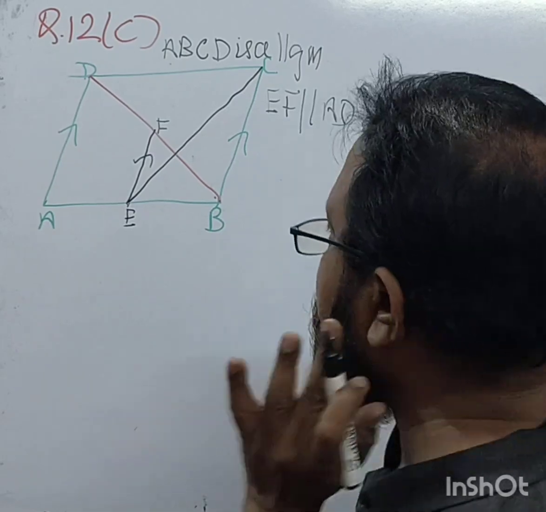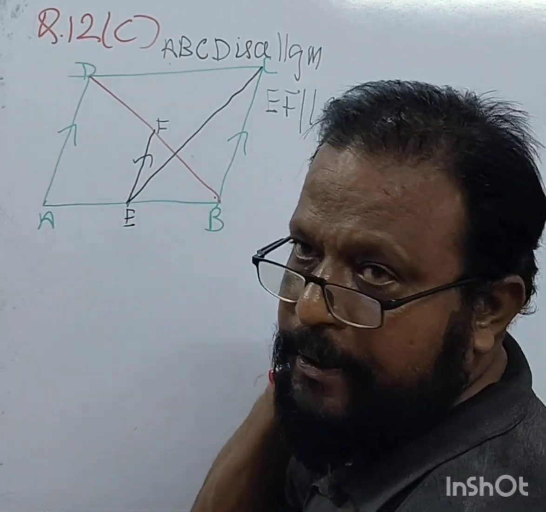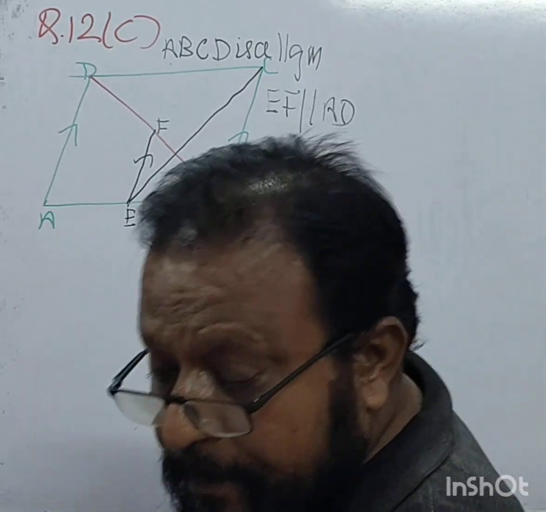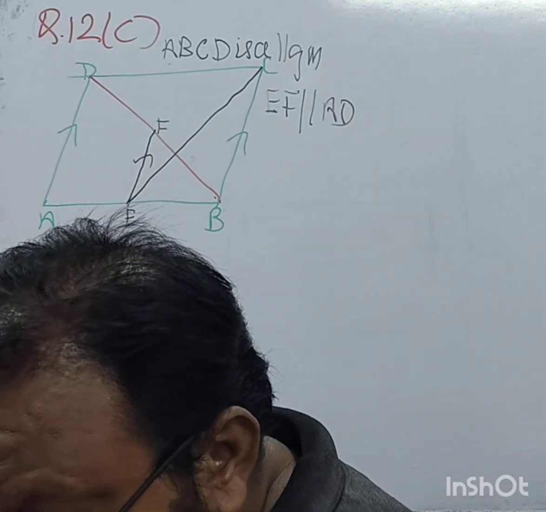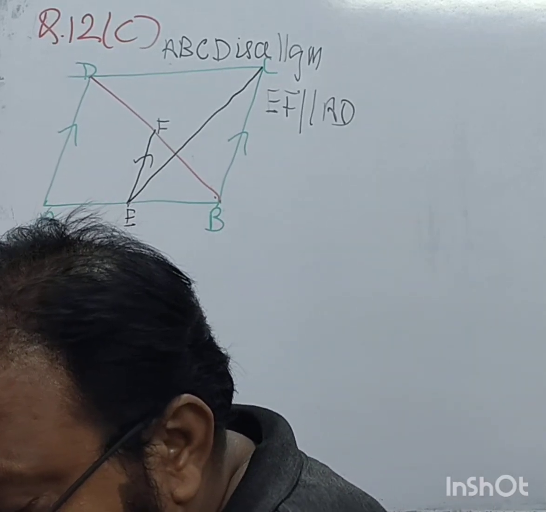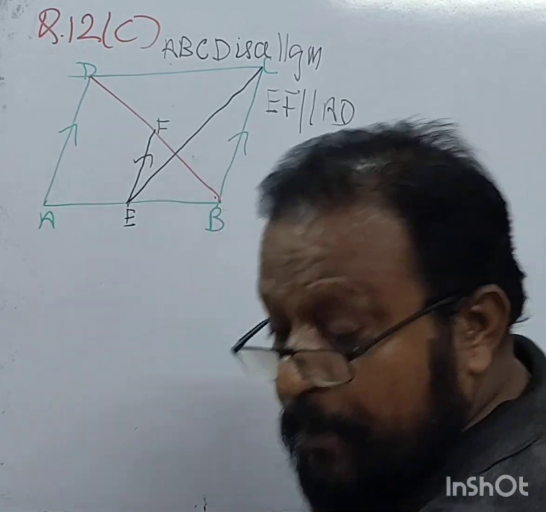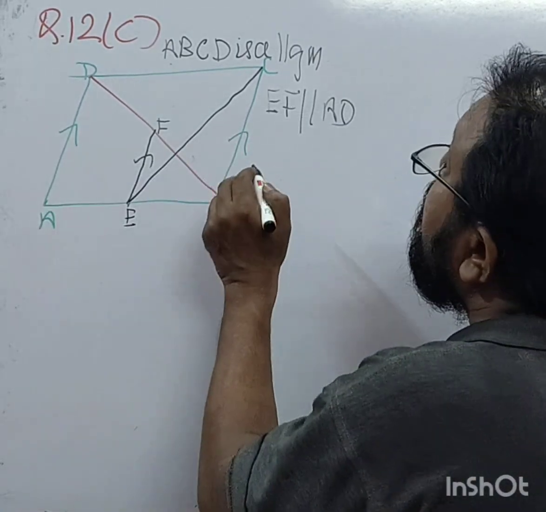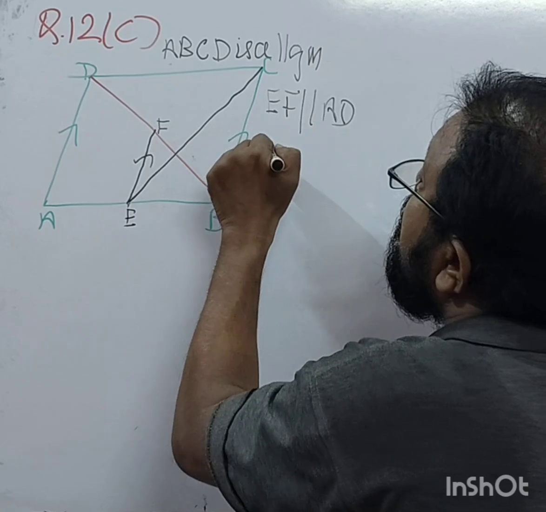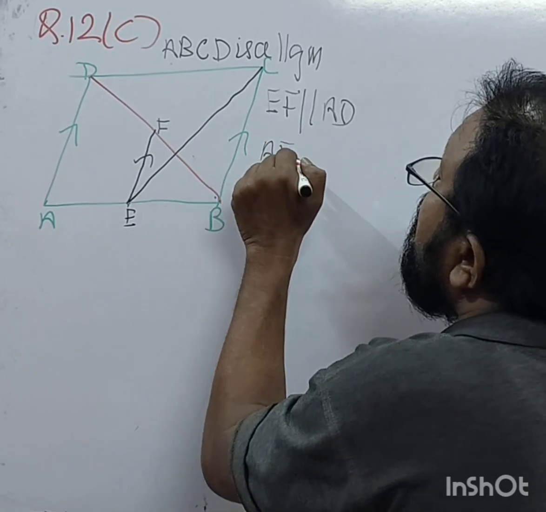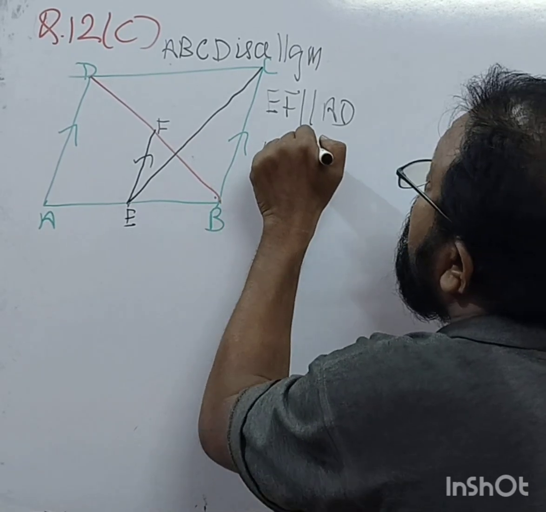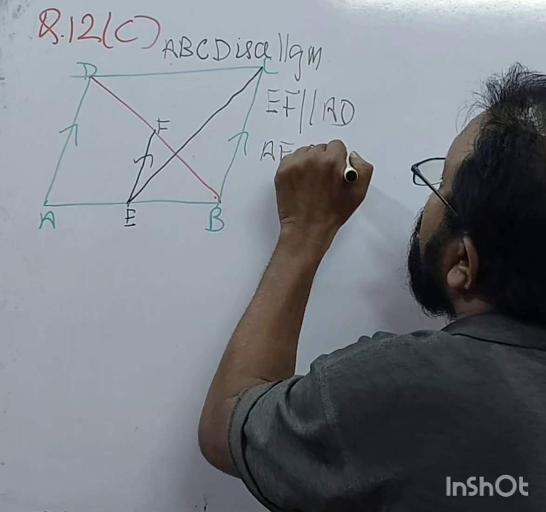EF is parallel to AD, right? Okay. So what do you have to find? AE upon BE. AE ratio BE is equal to how much?